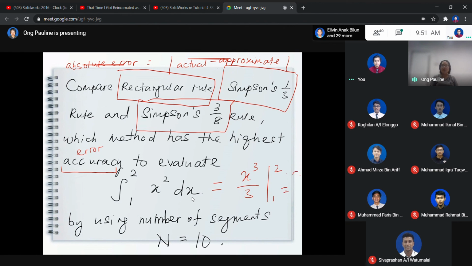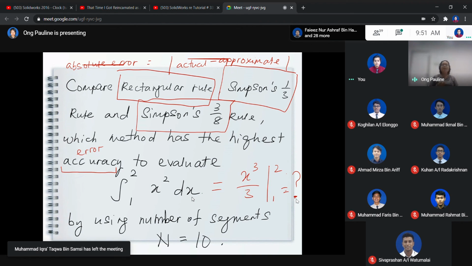You get the answer, which will be your actual solution, and compare it with the answers from Simpson's 1/3 and Simpson's 3/8. Now, the question gives you the number of segments, n equals 10. Can you solve the rectangular rule using n equals 10? Yes or no?